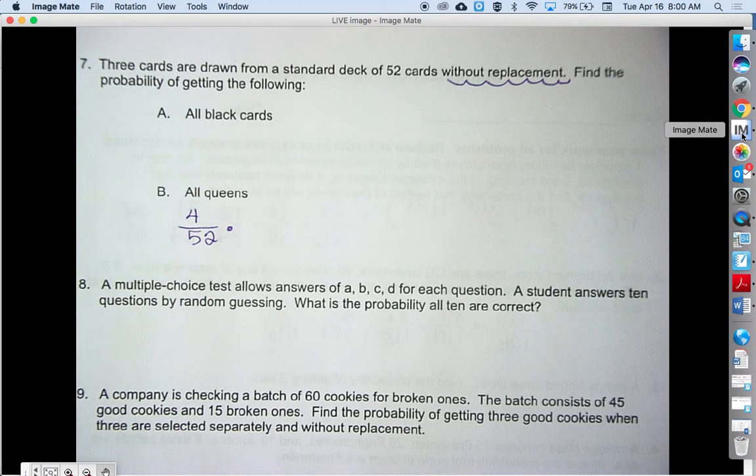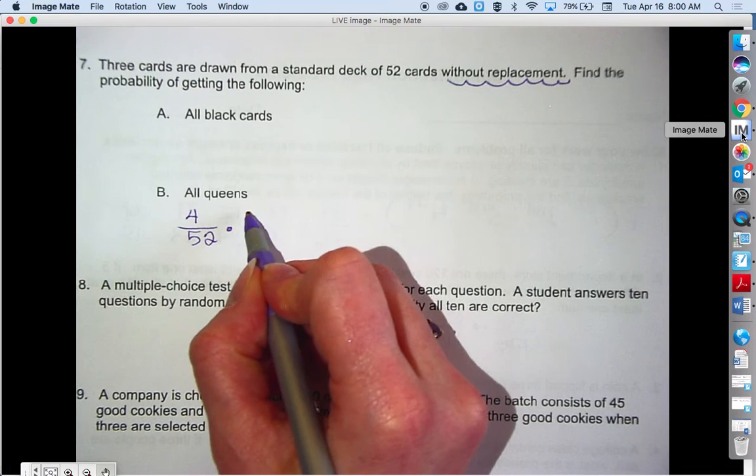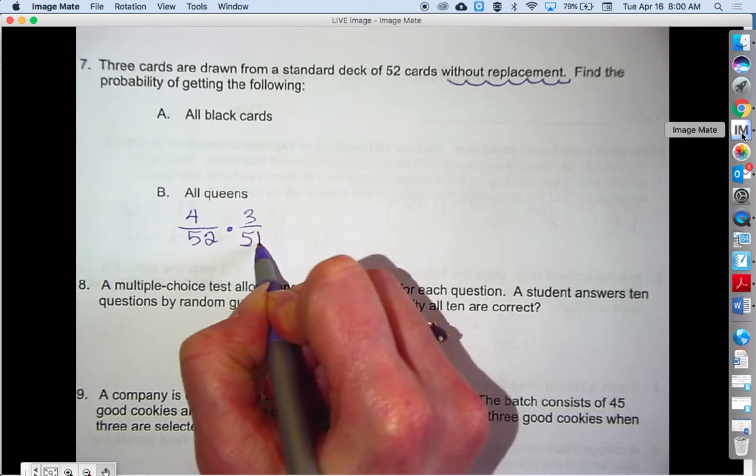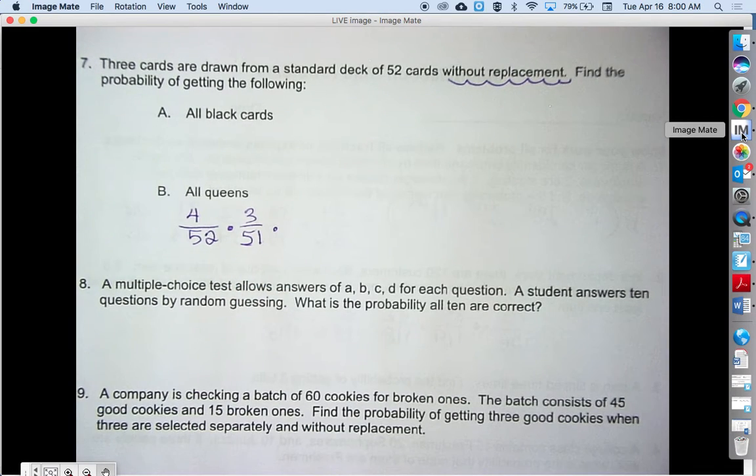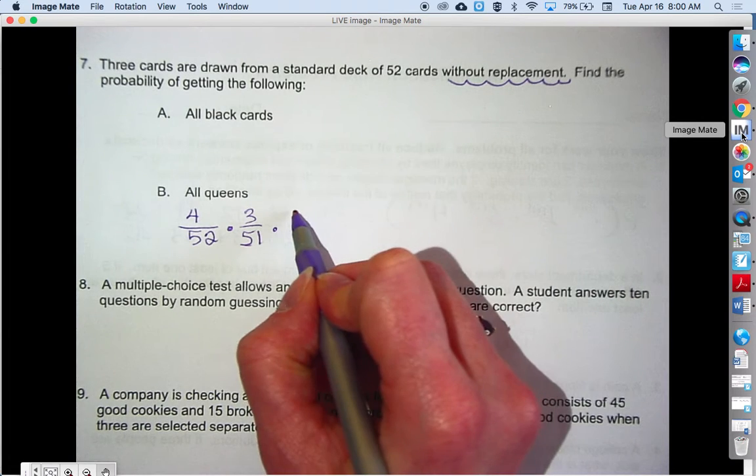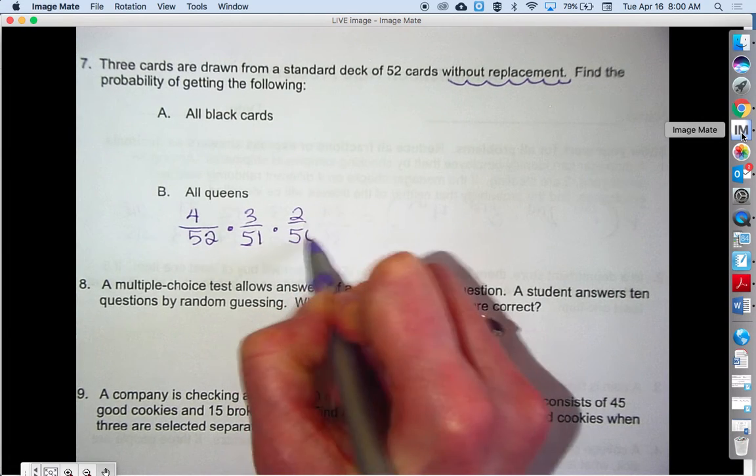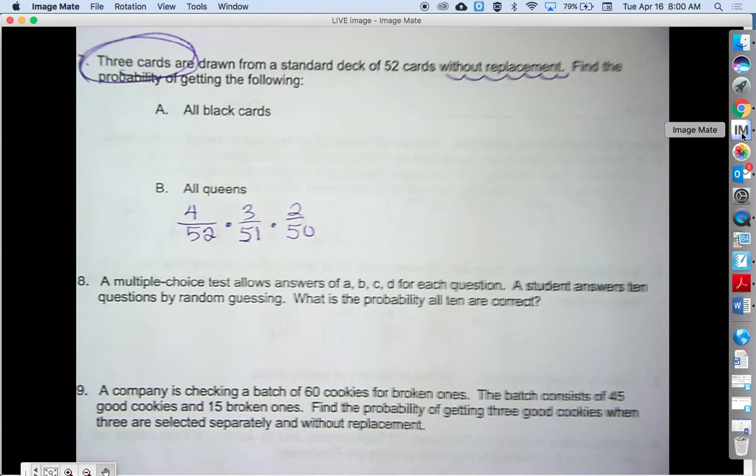So then I'm picking 3 cards, so I pull 1 card out, I place it aside. Holly, what's the probability of getting a second queen? 3 out of 51. And then the probability of getting a third queen would be 2 out of 50. I'm only picking 3 cards. So that means the probability of each card, each time I pull it out of the deck.